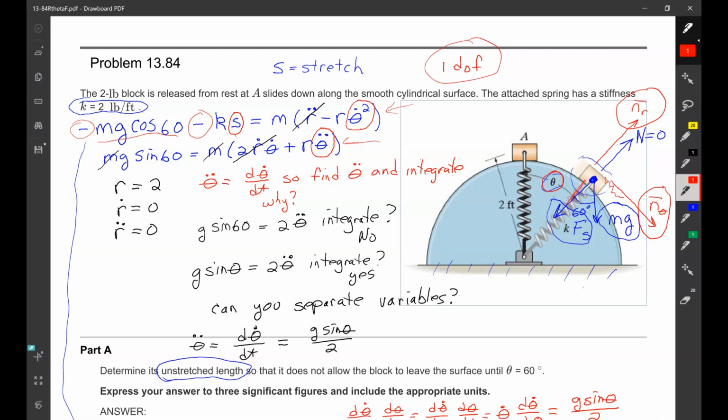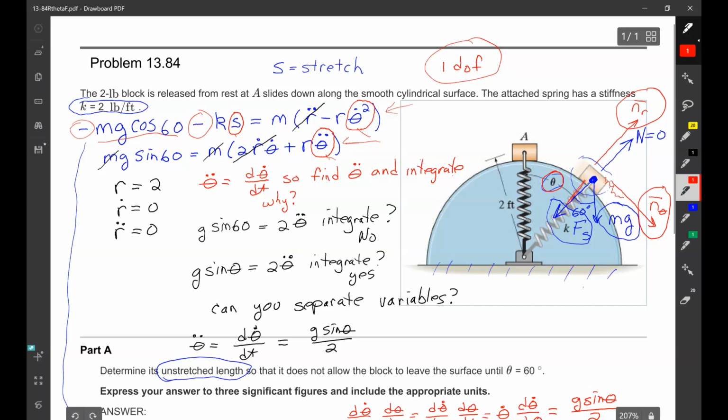So what do you have to do? You have to relate two of them to the other one. That's why I realize I need to relate theta double dot to theta dot. That's how I know that, because it's 1 degree of freedom. There should only be one of these guys, either this one or this one, but not both. So I'm looking for a relationship between theta double dot and theta dot.